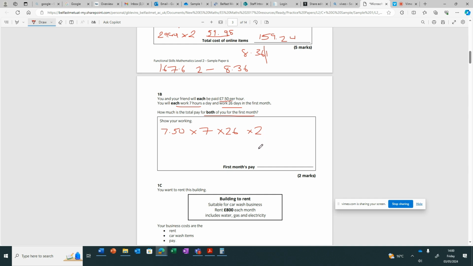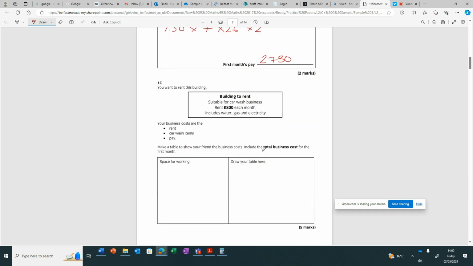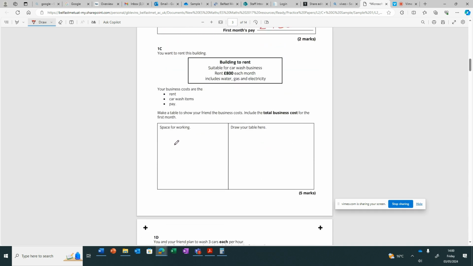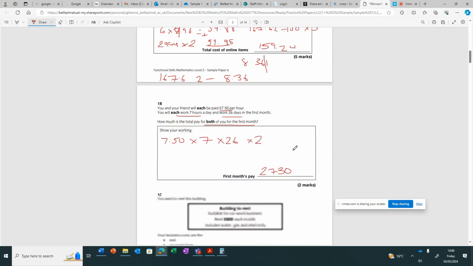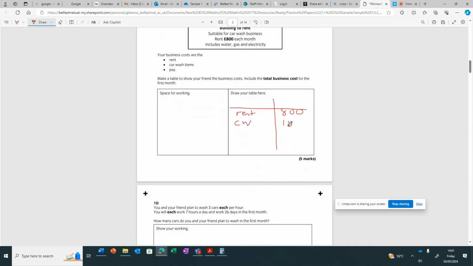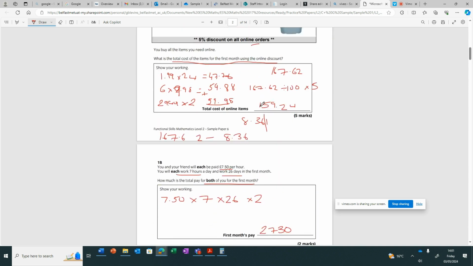Now it says, show your business cost and draw a table. We draw a little table. So we have rent, which is 800. We have the car wash items, which we worked out earlier, 159.24. And finally, we have our pay, which is our last thing we did, 2730.